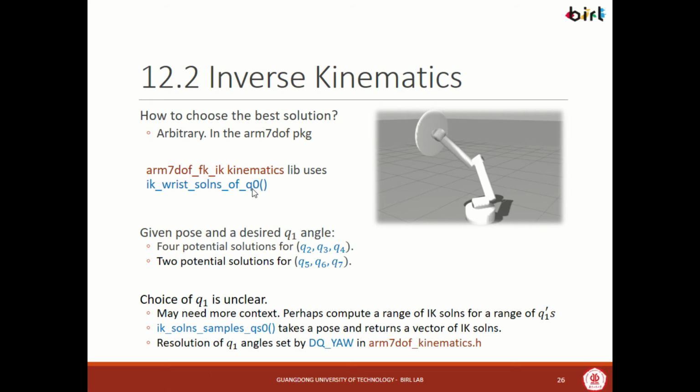Actually, I need to clarify something here. When we talk about C++ code, all of our arrays start at index 0, right? So you would have 0, 1, 2, 3, 4, 5, 6. So when the code says Q0, it's referring to C++ code.